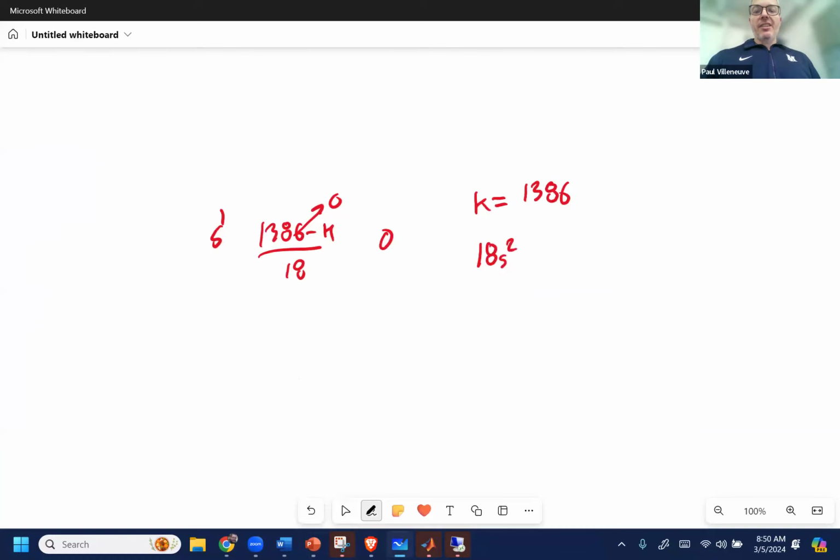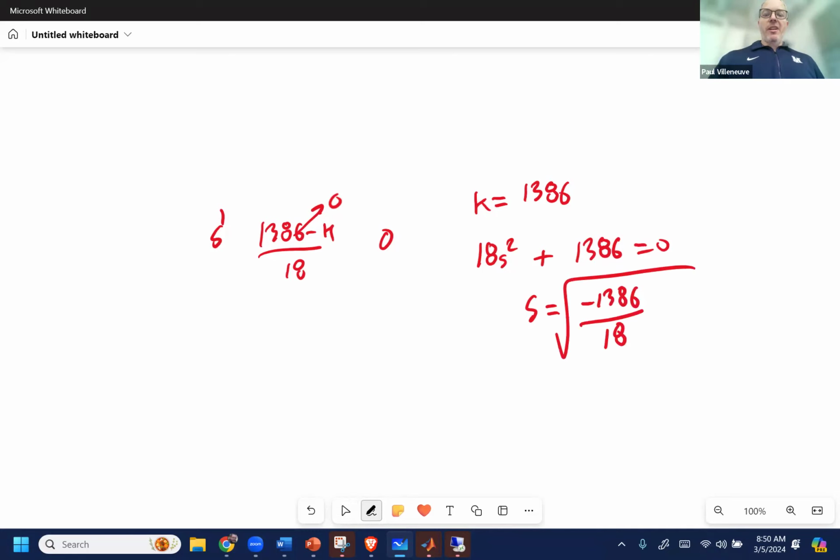So 18 s squared plus 1386 has to be equal to 0. If I solve, s is going to be equal to the square root of negative 1386 over 18. And that's what we would get for complex conjugate pairs, right? We get those with our complex roots.